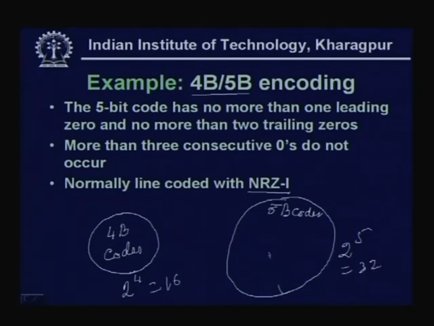So, these 4B codes will be mapped to a subset such that these properties are satisfied. That means the 5-bit code has no more than 1 leading 0 and no more than 2 trailing zeros, and more than 3 consecutive zeros do not occur. This is how it is being done.